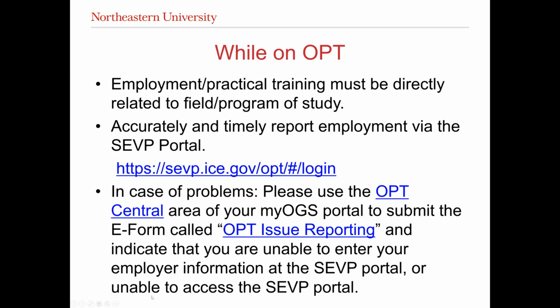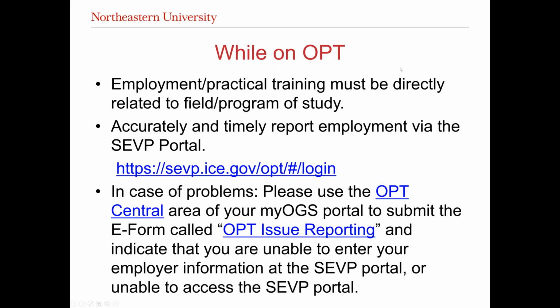So while a student is on OPT, first of all, you continue to be ours. Northeastern University manages your SEVIS record. The employment or the practical training must be directly related to the field or the program of study from where the student has graduated. It is the student's responsibility to accurately and timely report employment via the SEVP portal.